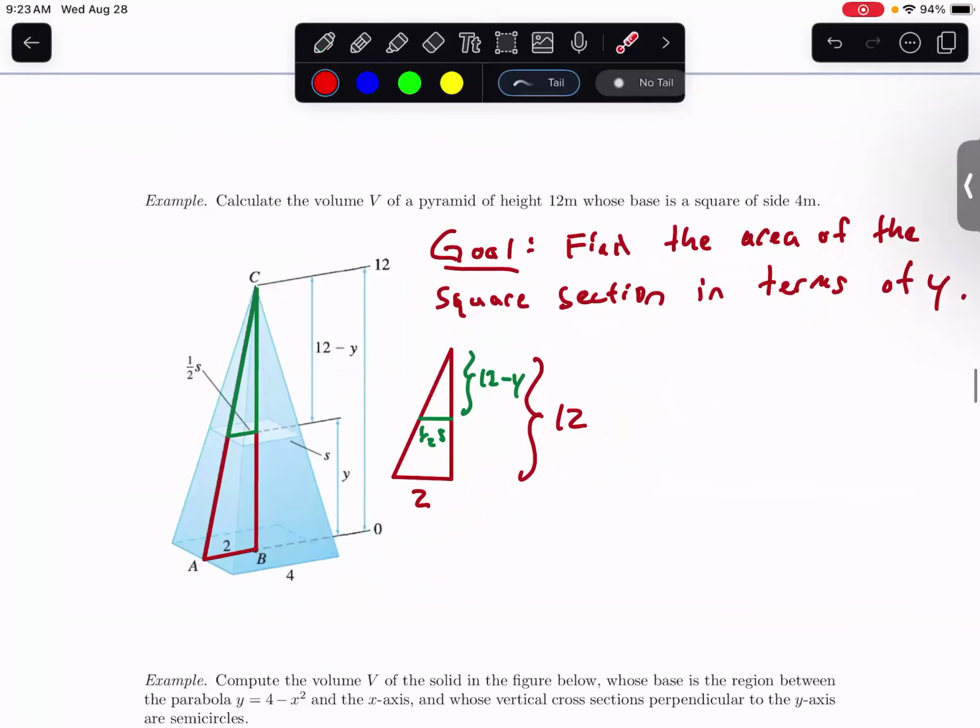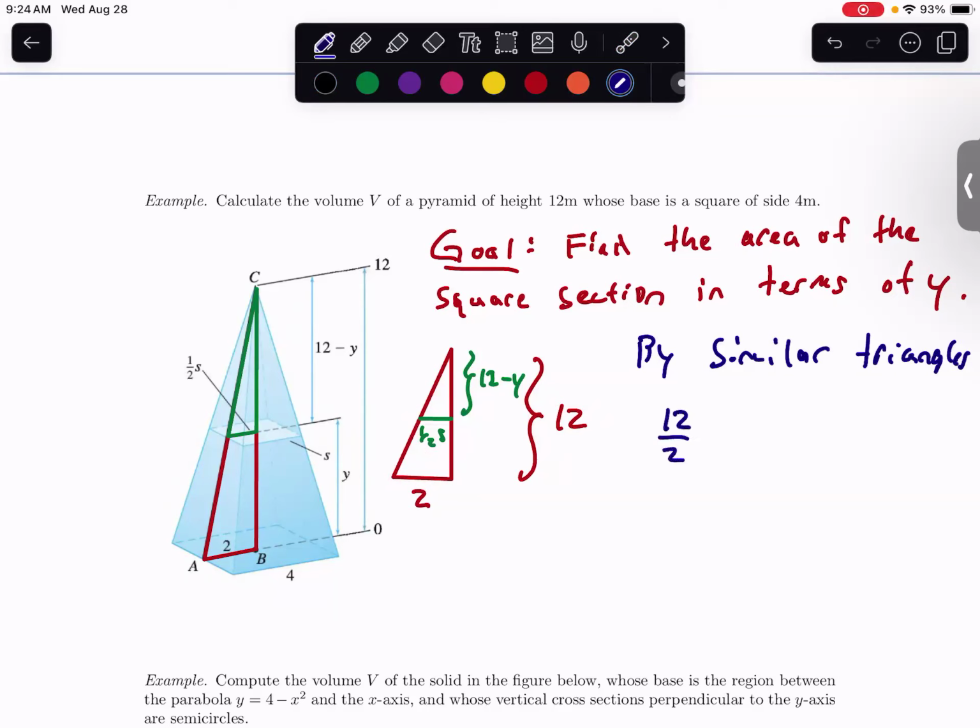And so because these triangles are similar, what this means is that the ratio of these side lengths is equal to the ratio of these side lengths. So putting that in terms of writing, we have that 12 over 2 is equal to 12 minus y over 1/2 times s.